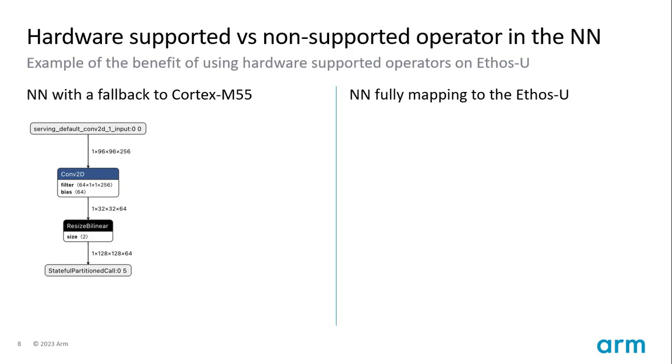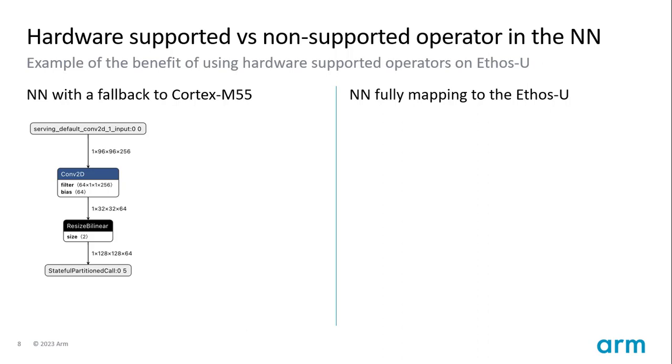This is very common in, for example, DeepLab-V3 models for semantic segmentation. This is a structure that you're going to find towards the end of DeepLab-V3. And you have to know that resize bilinear with an upscaling factor of 4x with the half pixel centers attribute set to true is an operator that unfortunately is not supported on the Ethos-U.